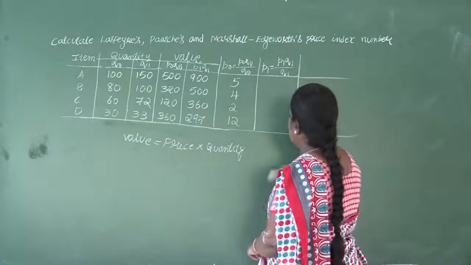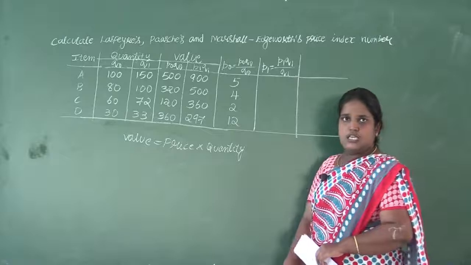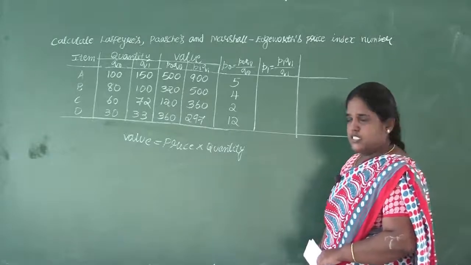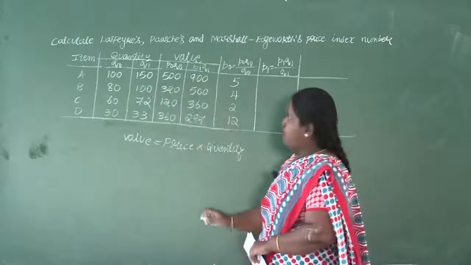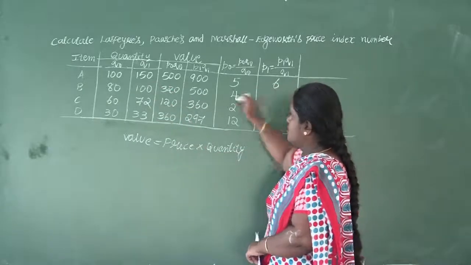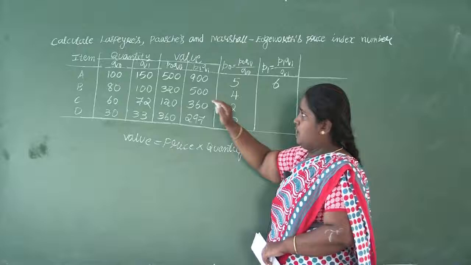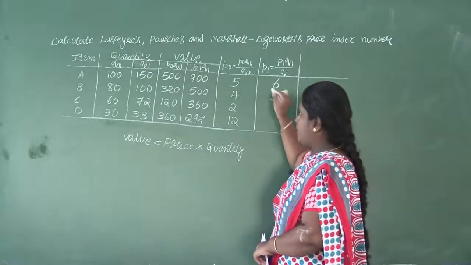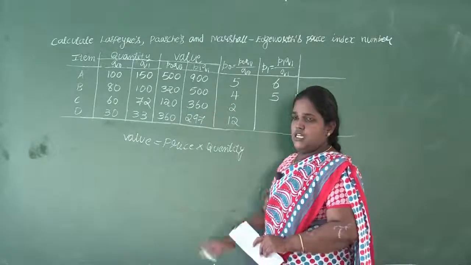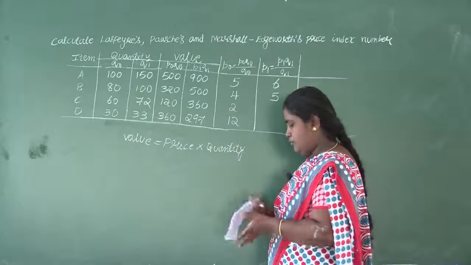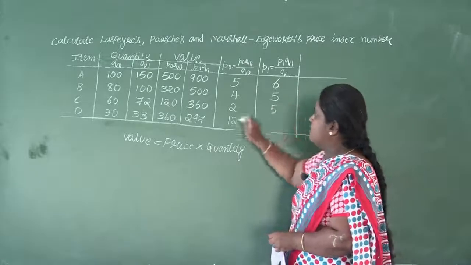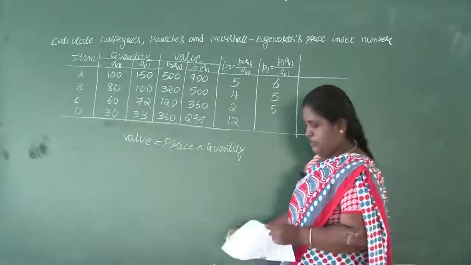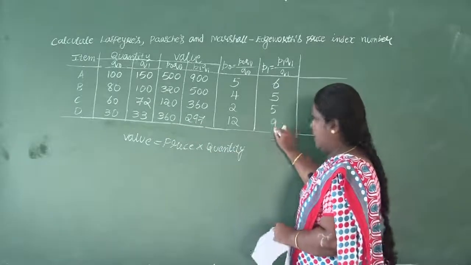The value of 1996 and the quantity of 1996 we have to divide. So 900 divided by 150, it is 6. 500 divided by 100, 5. 360 divided by 72, 5. 297 divided by 33, 9.